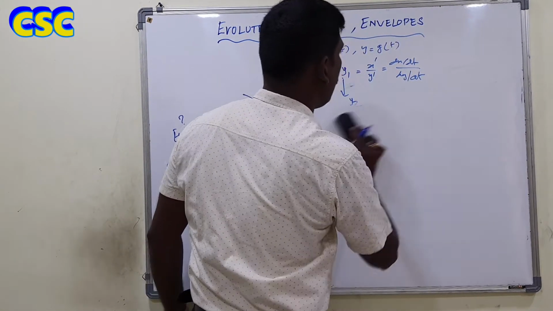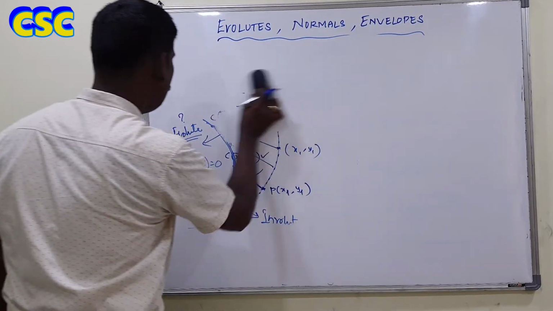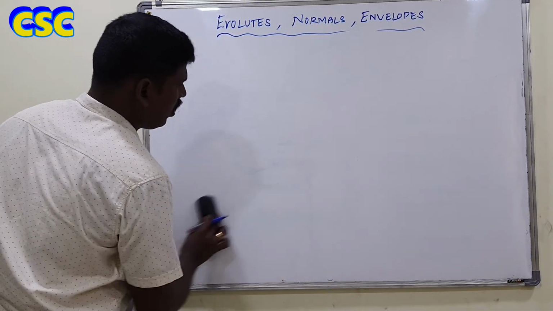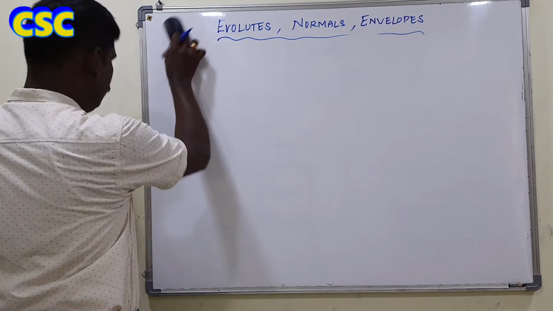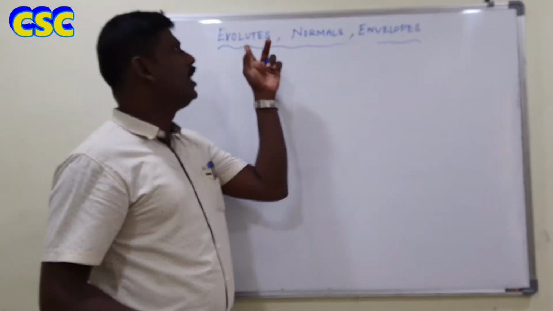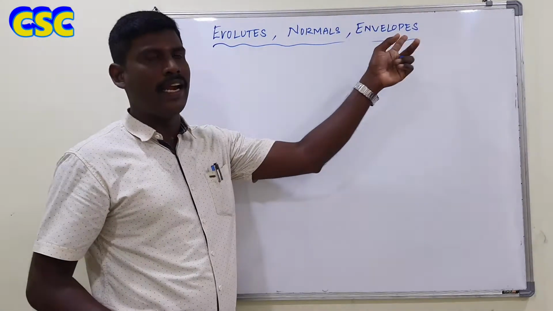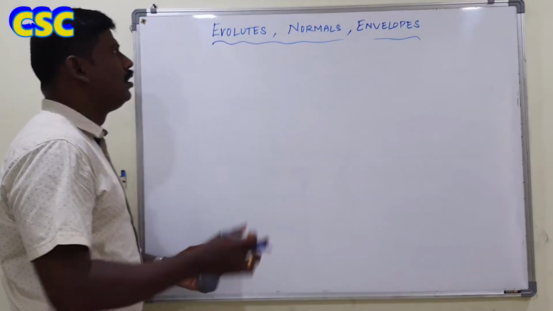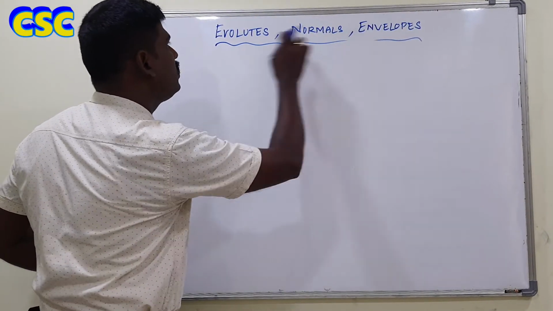Now I am going to explain the relationship between evolutes, normals and envelopes. What is the relationship connecting all these three?